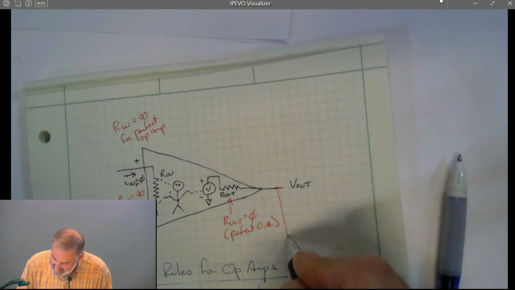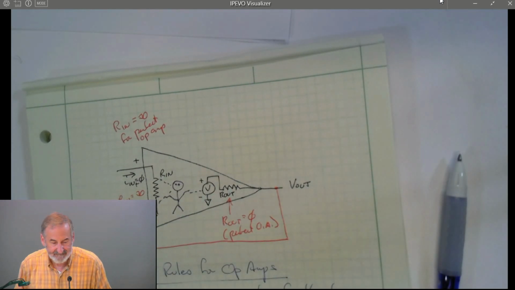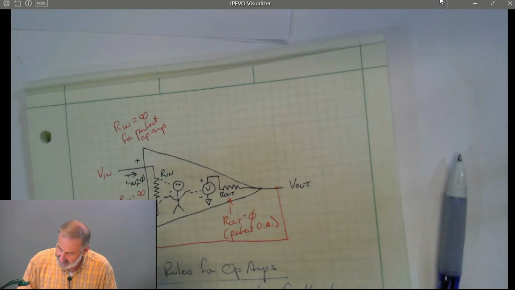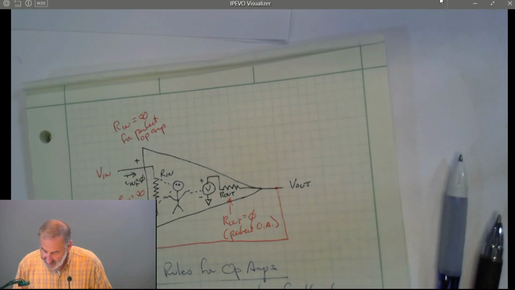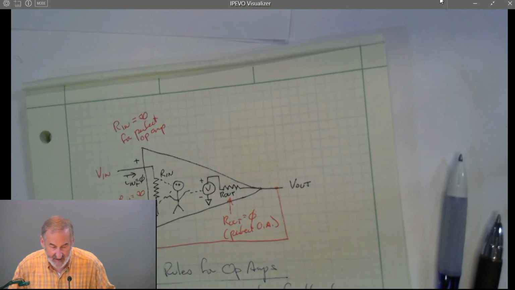Let's just connect the output of the op amp to the negative input. Okay, let's apply some V in signal here, and here's V out. So the first condition on the golden rule has been satisfied. We have negative feedback. Definitely the output of the op amp can affect the negative input of the op amp.